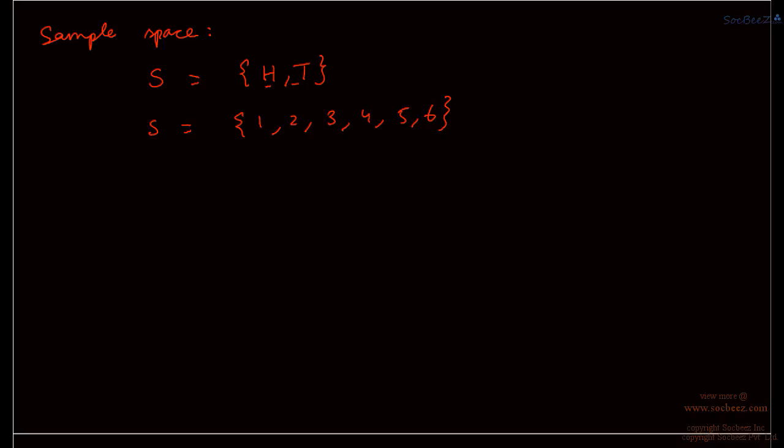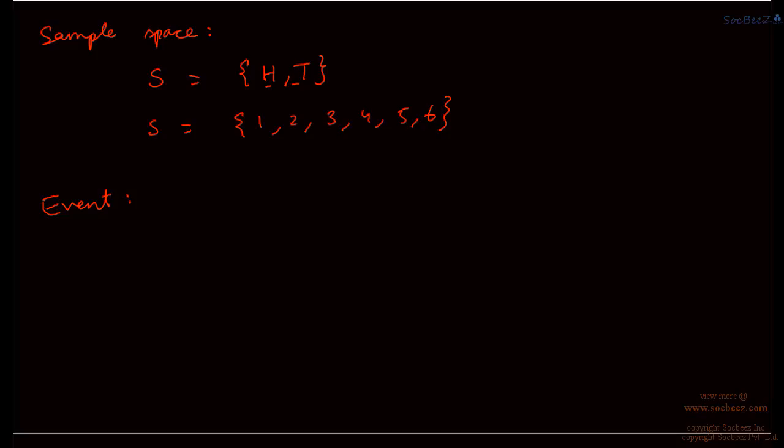Now an event. The next concept is an event. So an event is any subset of the sample space. Since this is a set, any subset of this is what an event is called. So an event is not just, say in the case of tossing a coin, we will not have many events, right? We will have only heads or only tails. Having either heads or tails will actually make the whole set, right?